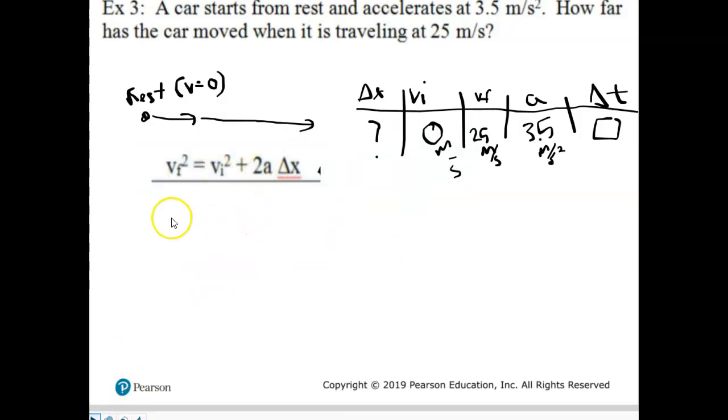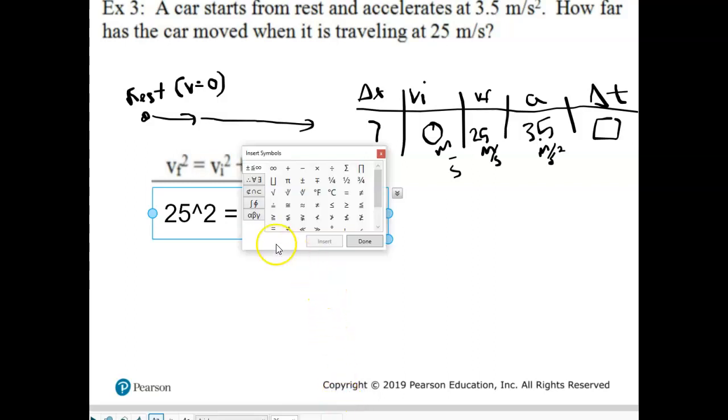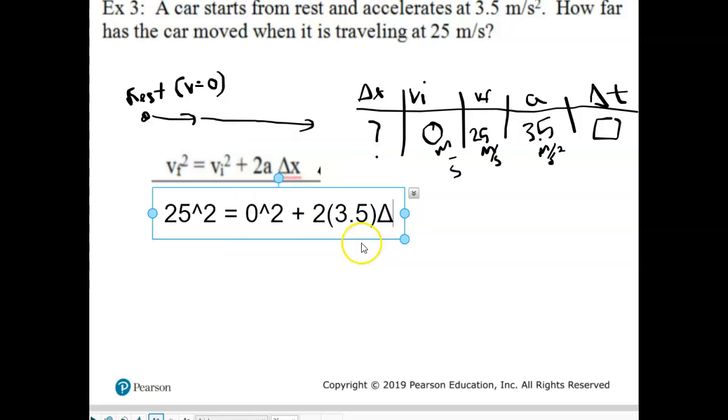Okay, so let's go ahead and try to take this out. VF is 25, and we're going to square it, and that's equal to the initial velocity, which is 0, so 0 squared, plus 2 times 3.5, and then I need the delta again, and then it's delta x.